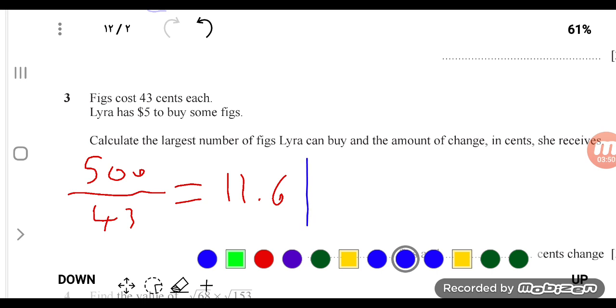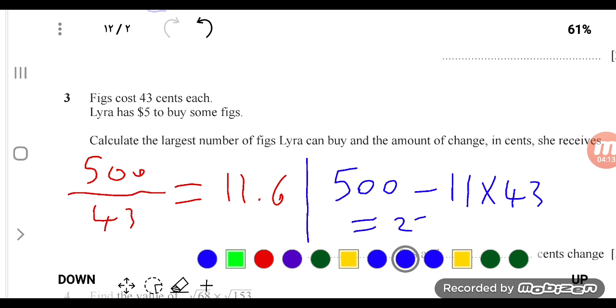So now you subtract 500, that's all the money she has, minus 11 times 43, which is what she has to pay for 11 figs. Then the change will be 27. So the answer will be 27.